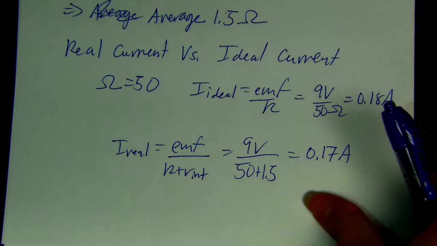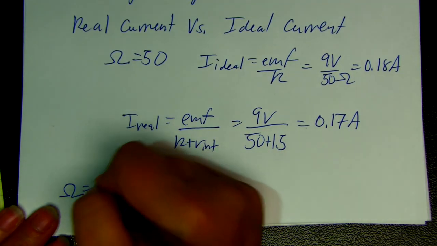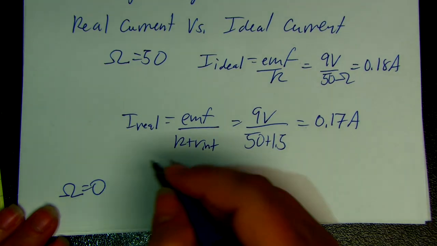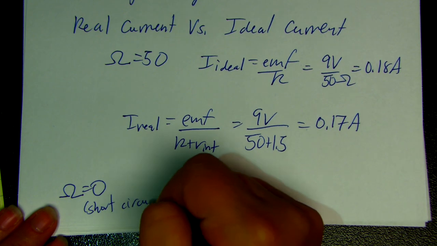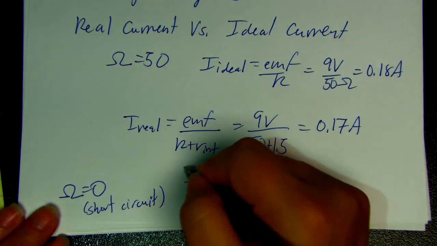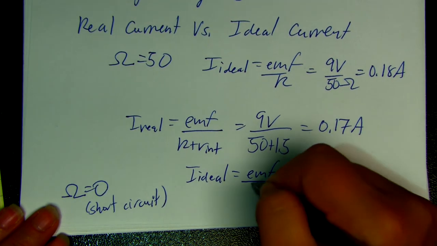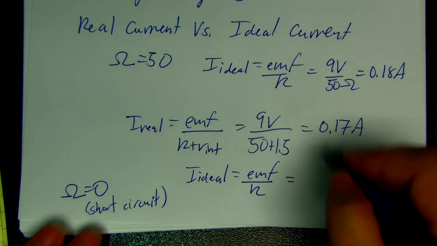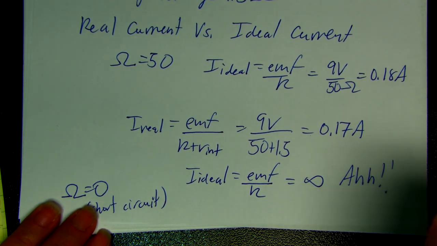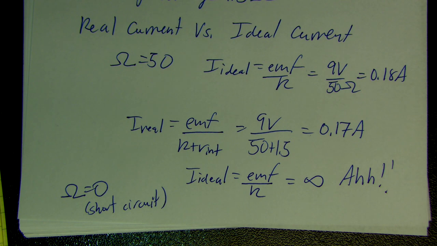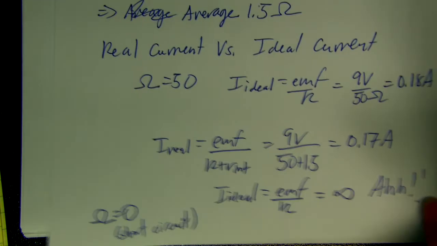Now let's look at if you had no resistance. This would be a short circuit. So I ideal is equal to EMF over R, which is equal to infinity. No! Big problem. By the way, that's why short circuits are a problem. It's a circuit with no resistor or no resistance.